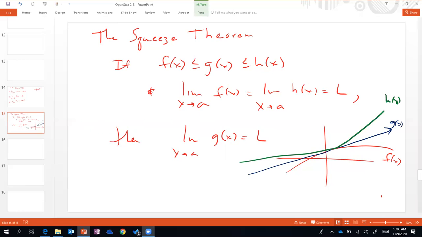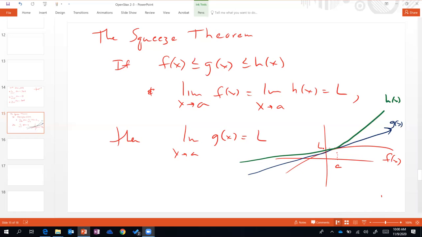And as long as f of x and h of x go down and hit one single value, you know g of x has to be that value as well. Okay, does the graph help? And so then this would be like A, and that would be your limit right there, because everybody combined together here.